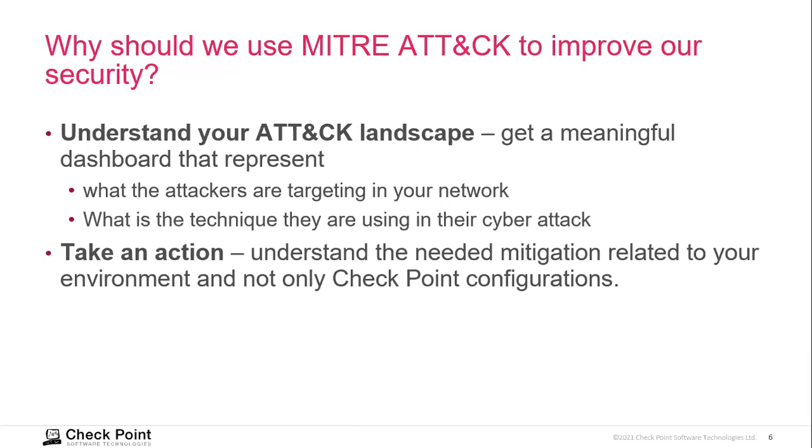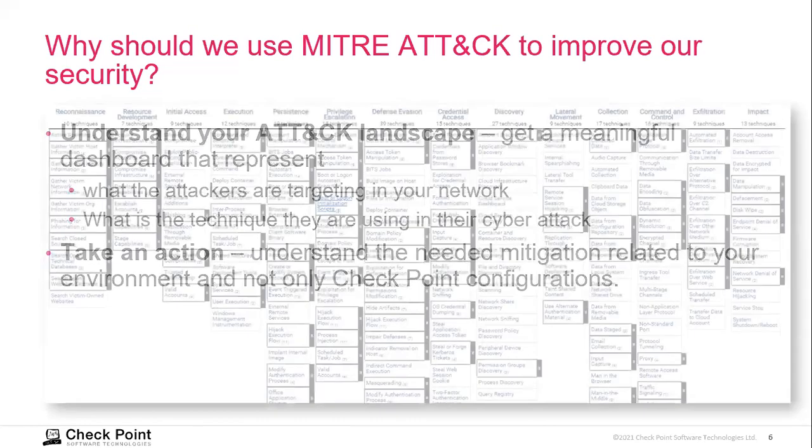But what if the change needs to be done on your Windows server or your Apache server, or even understanding that a server that is exposed should not have a certain functionality enabled because the attacker can use it? So what are the mitigations that are not all the time related to Check Point? That's exactly what we've done in the extension. You can understand your attack landscape and get the mitigations not related to Check Point, related to the technologies you have.